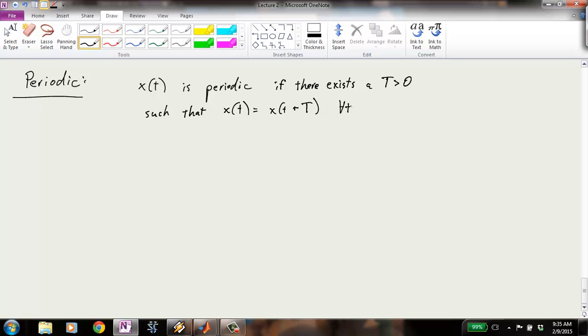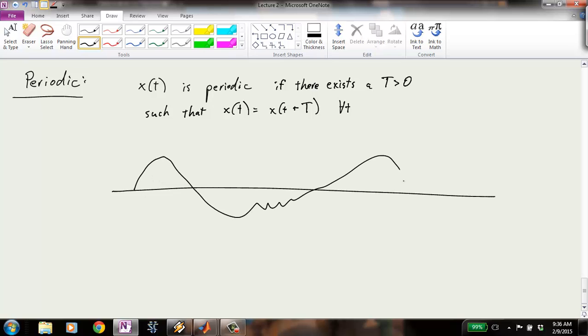So the little t's here are the argument of the function, and this big T is just some number. If it's always going to repeat after a certain duration, then it's periodic. In other words, here's a signal. Suppose it looks like this. Suppose that's exactly repeating.